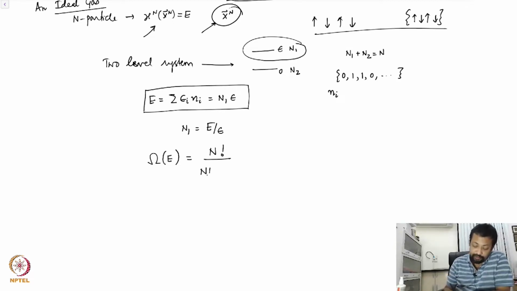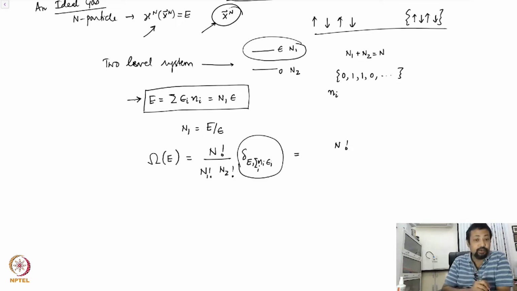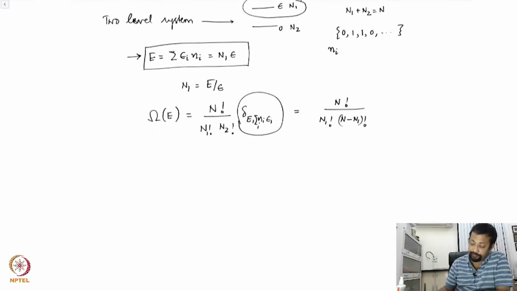I have n1 factorial, n2 factorial, and the constraint sum over i of n_i epsilon_i. This would be n factorial over that, and this delta function guarantees that the energy constraint is obeyed. So therefore this becomes n factorial over n1 factorial, n minus n1 factorial, right?